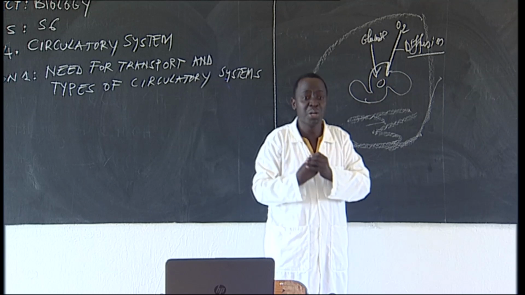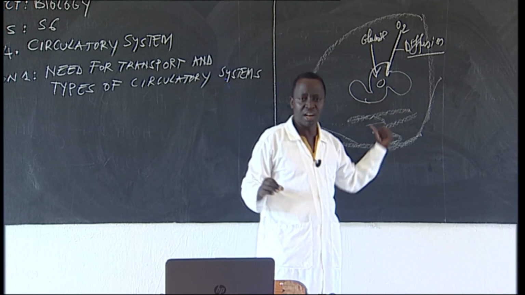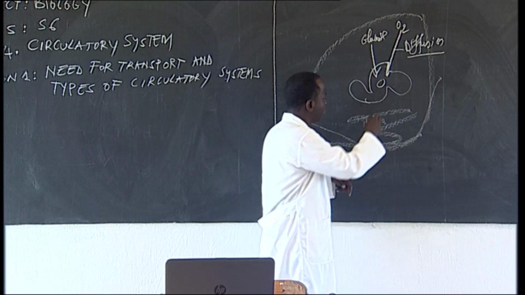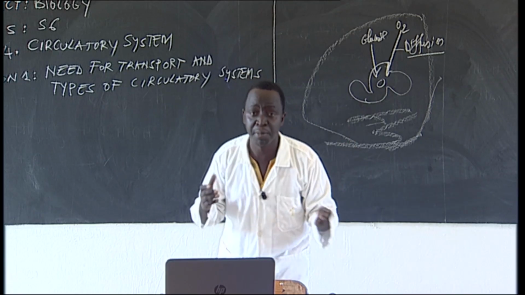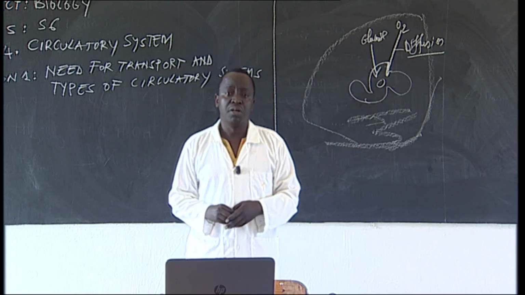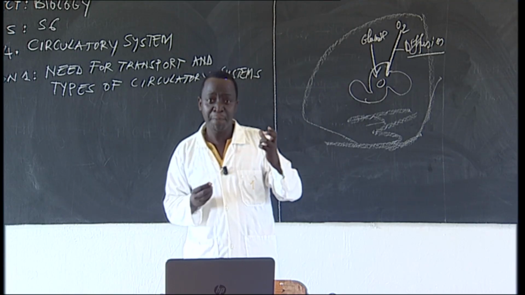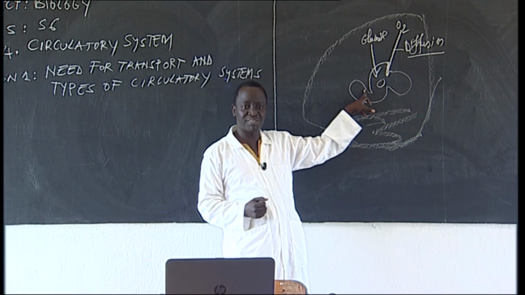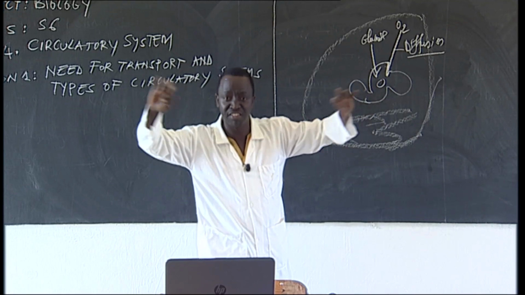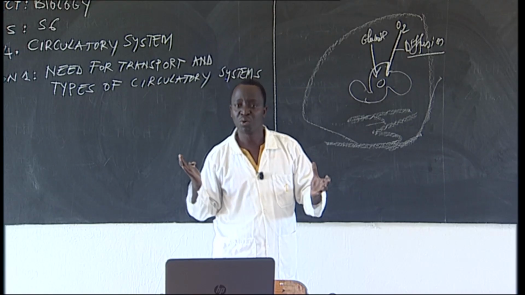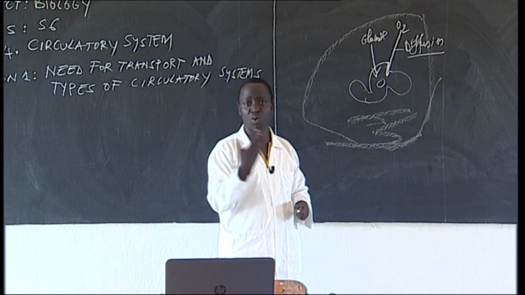So they do not need blood, they do not need a heart, they do not need those transport systems to carry out those materials. Even waste products from this organism have also to be removed out by a process called diffusion. So they do not need this transport system. Why? Because their body surface to volume ratio is very large. So diffusion is enough to help those materials to move into the body and outside of those organisms.